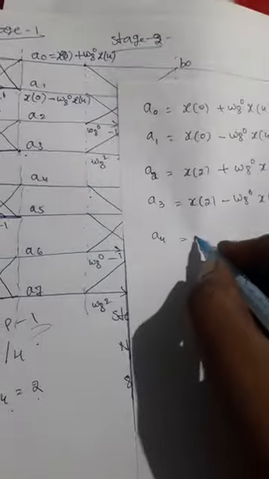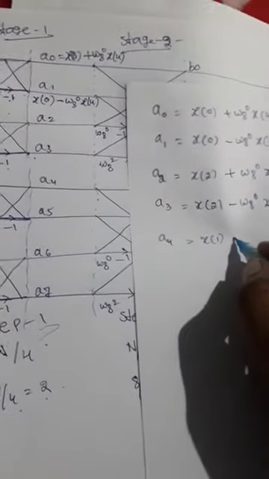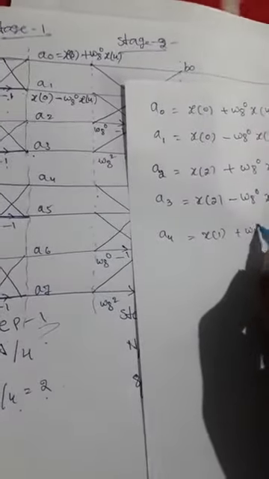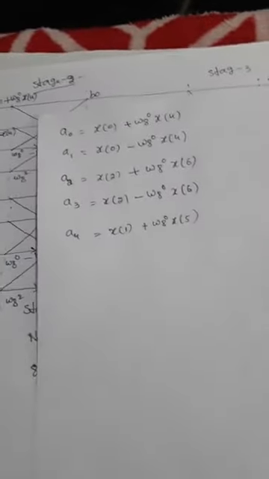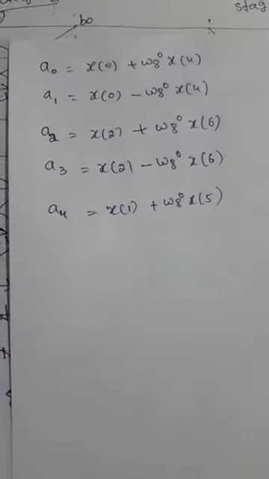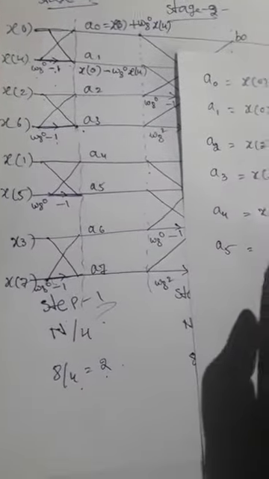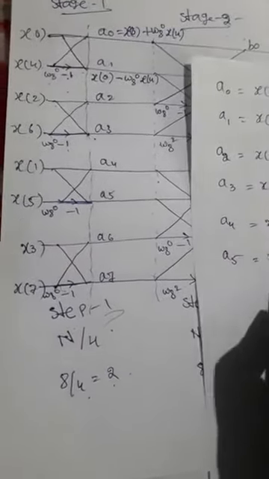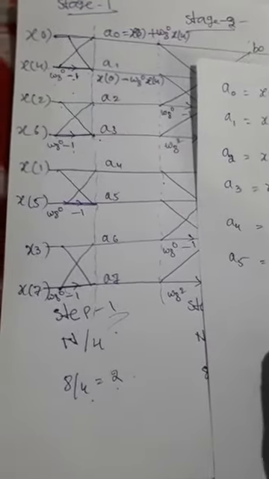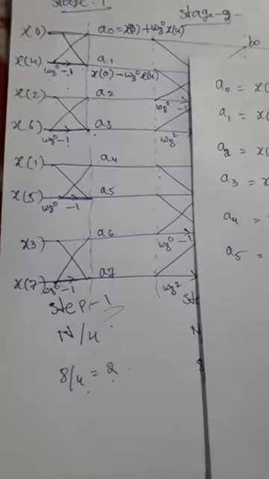Okay, similarly A4 equals to x of 1 plus W8 to the power of 0, x of 5. Similarly A5. In A5 x of 1 minus W8 to the power of 0, x of 5.